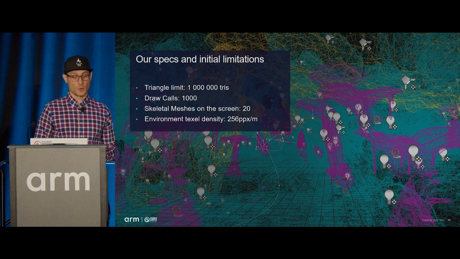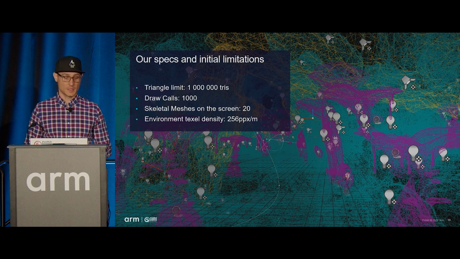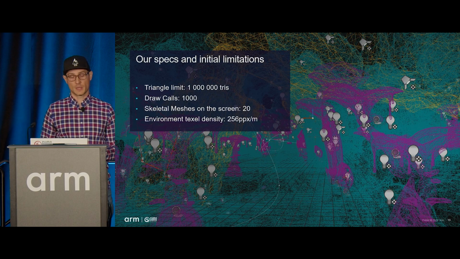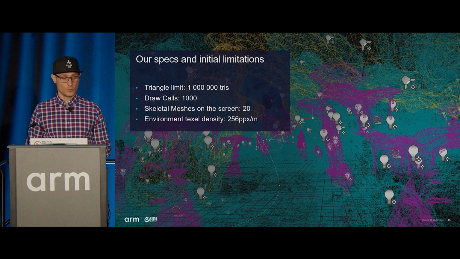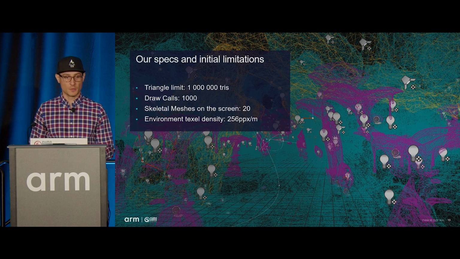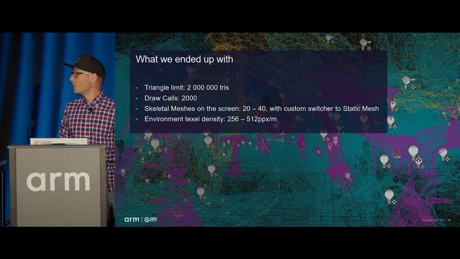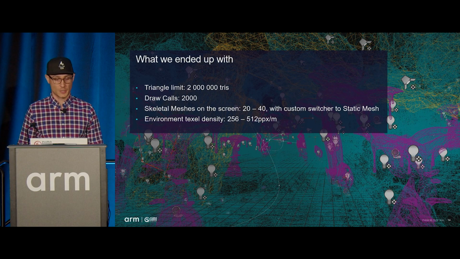At the beginning, we wanted to play safe, so we set our triangle limit to 1 mil triangles, 1000 draw calls, 20 skeletal meshes on screen, and environmental texture density at 256 pixels per meter. It was a little bit worrying because we weren't sure that we could achieve the level of quality that we wanted. But in the end, we discovered that we can be much more generous.